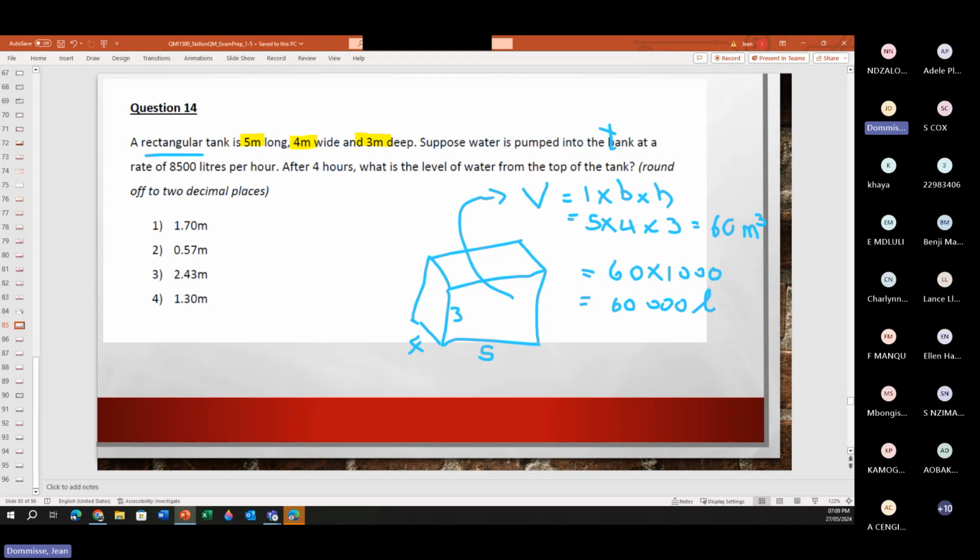Okay, so if I said the rate is 8,500 liters per hour, after 4 hours, there would have been 8,500 times 4.